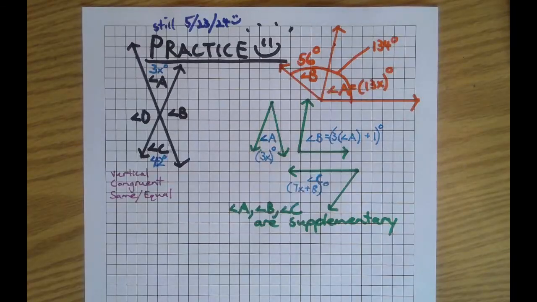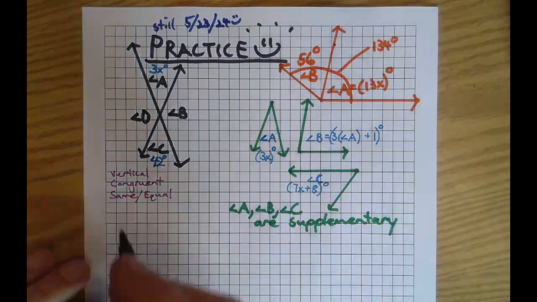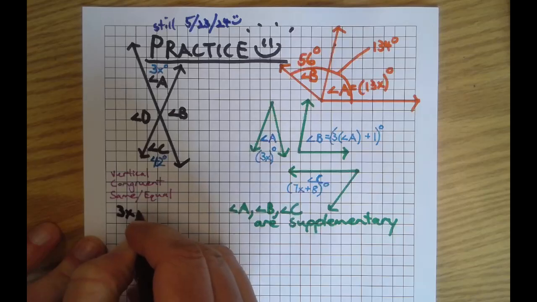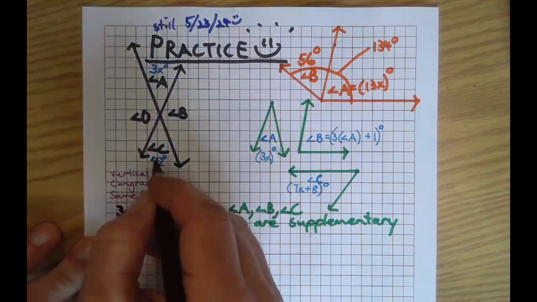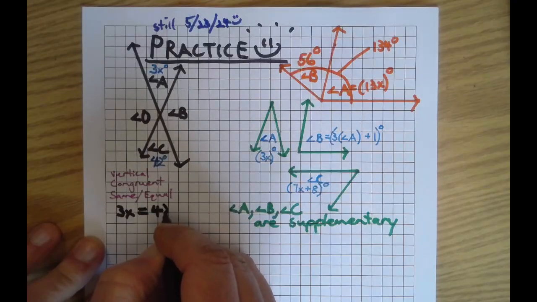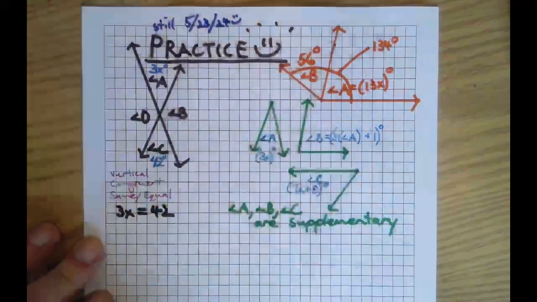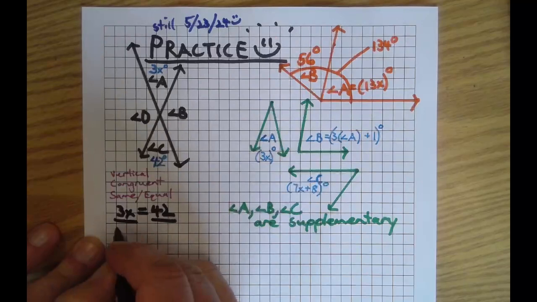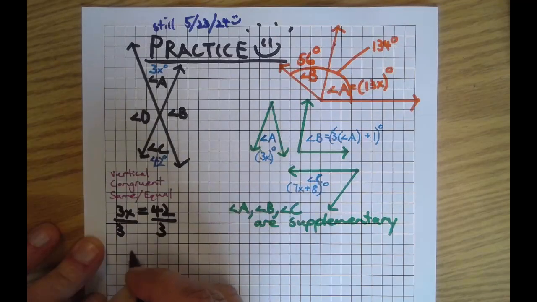I'm gonna go to black here, which means 3x is the same as 42. Since they're vertical angles, that's how we could solve that. Divide both sides by 3, x equals 14.